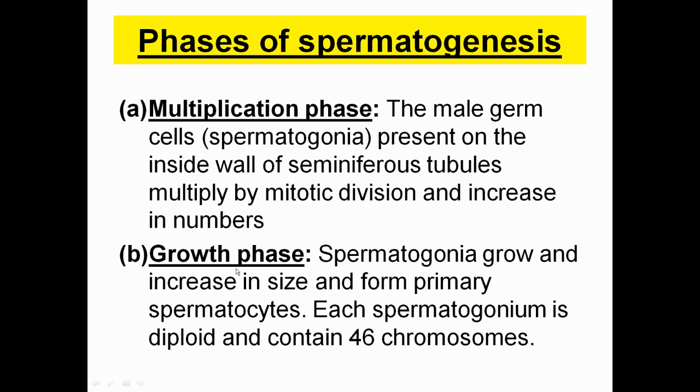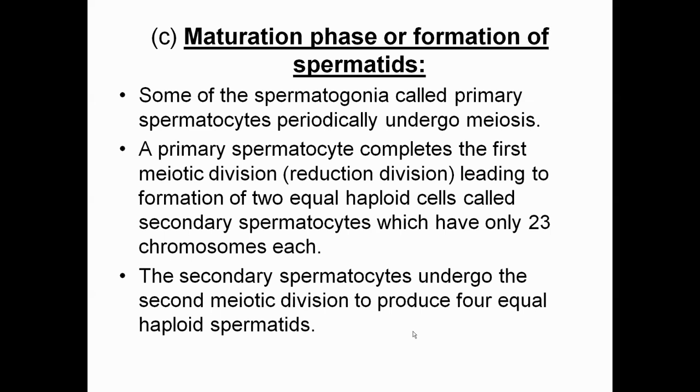In the growth phase, the spermatogonia grow in size by imbibing a lot of nutrient material and form primary spermatocytes. Each spermatogonium is diploid and contains 46 chromosomes, and similarly, the primary spermatocyte also has 46 chromosomes.